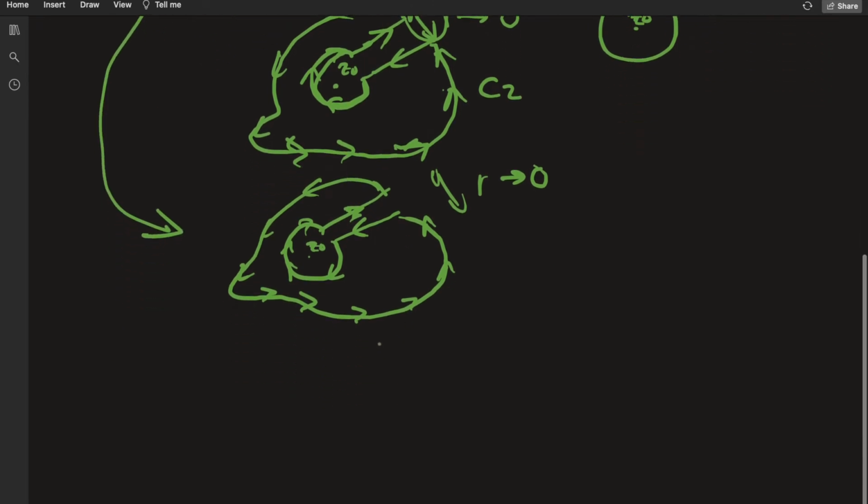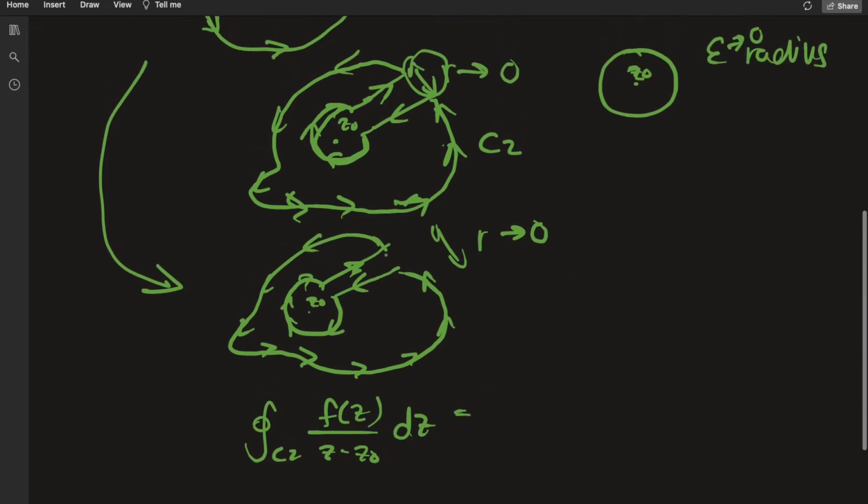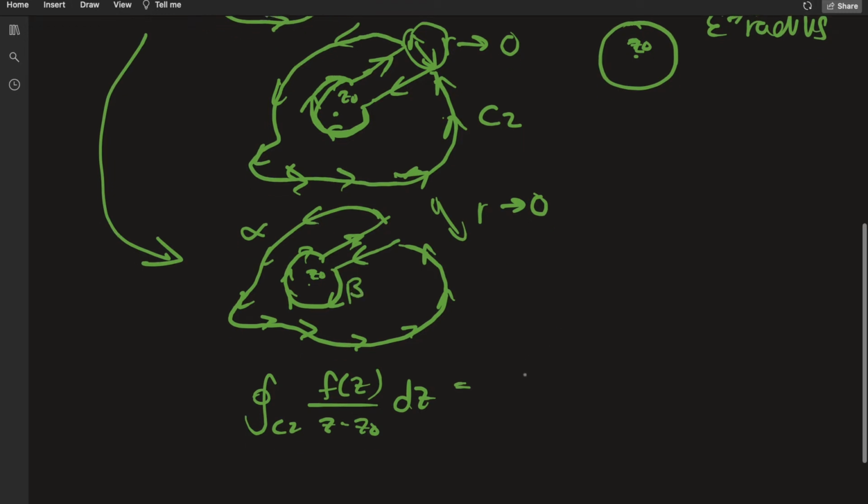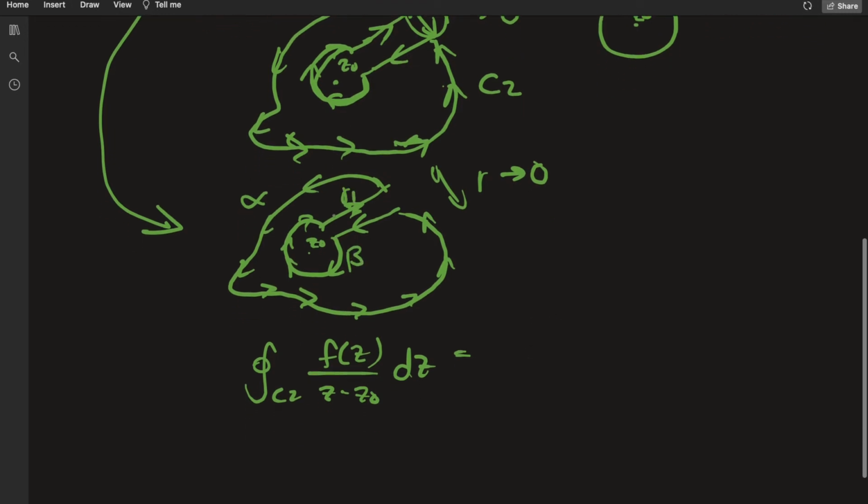Now let's integrate over this. We have the integral over C2 entirely, f of z over z minus z naught dz, is equal to, where should we start from? We can start from here. Call the outer path alpha, the inner circle beta, the outgoing segment gamma 1, and the ingoing segment gamma 2.